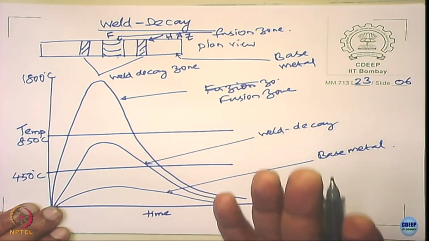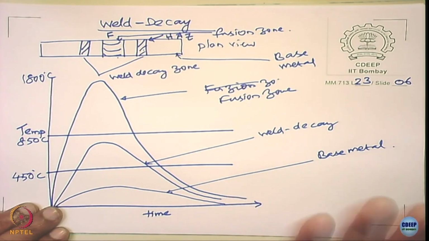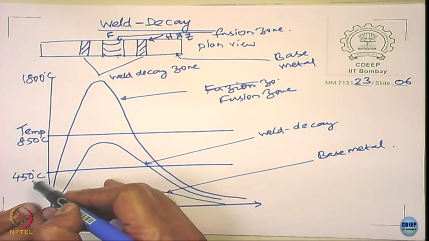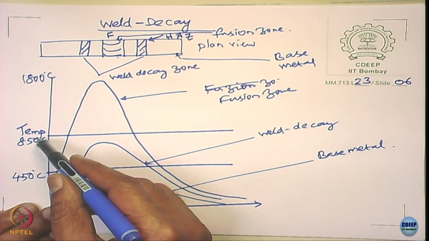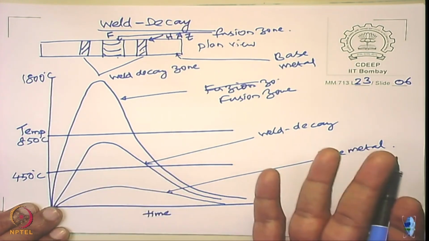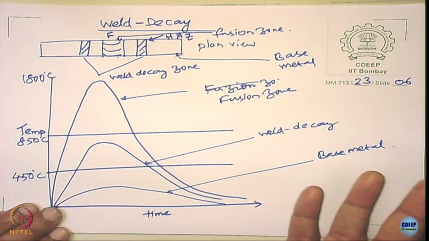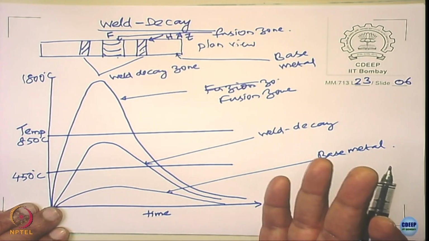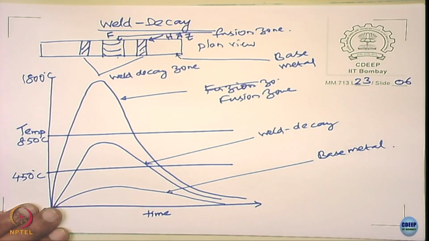Provided you give enough time, I think you are forgetting that. It may sensitize between 450 and 850 in this temperature region, provided you give enough time. If time is not sufficient, then it is not going to give rise to chromium carbide precipitation.